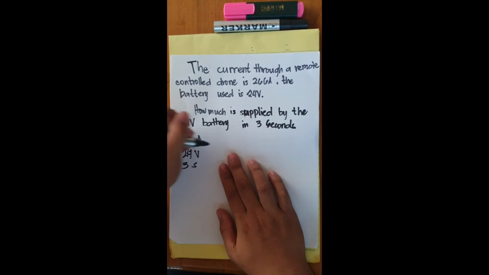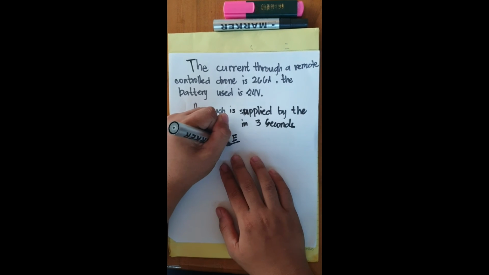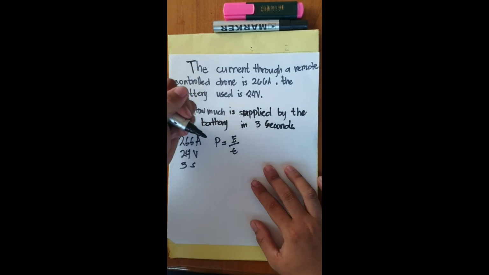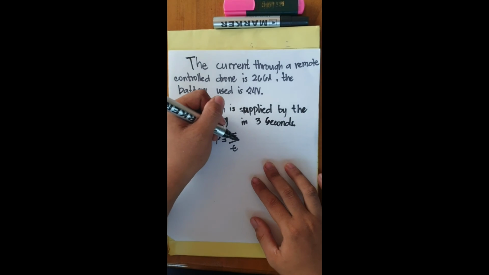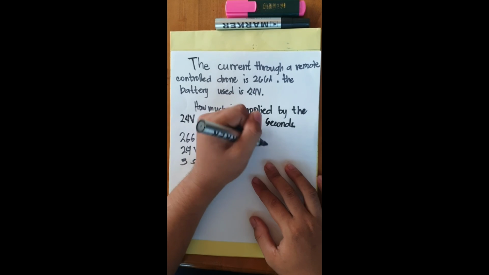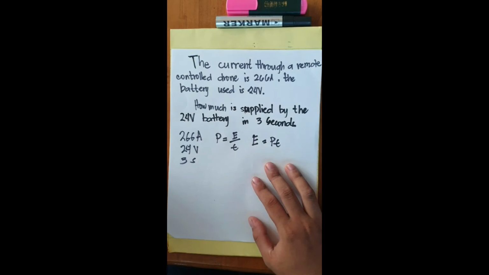We are going to use the formula P equals E over T. So we have to derive the E and we're going to use the formula E equals P times T.